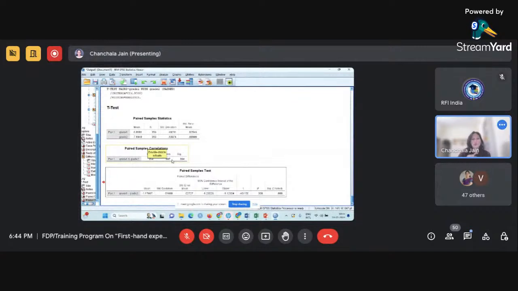Correlation tells you whether a relationship exists between the variables or not. Here we have two variables, grade 1 and grade 2. Although we are collecting the grades for the same people, so we are expecting some relationship, this relationship is very weak or poor. Is it fine, ma'am? Yes, ma'am.